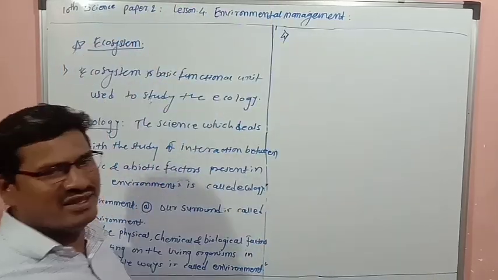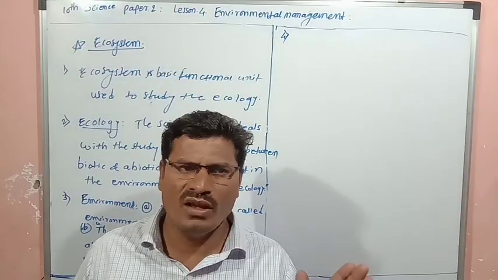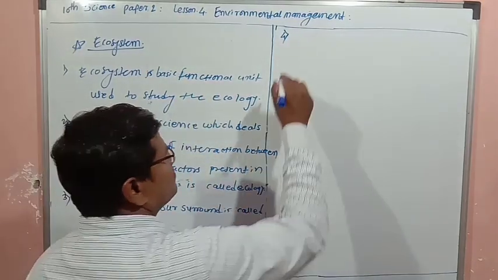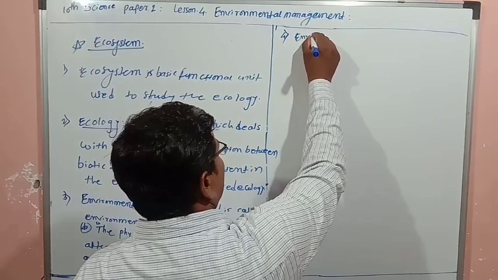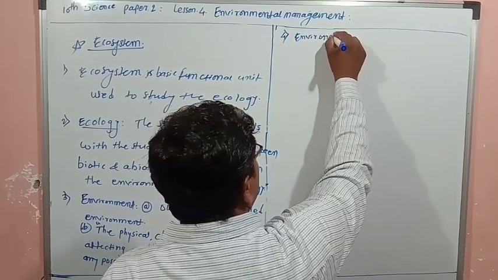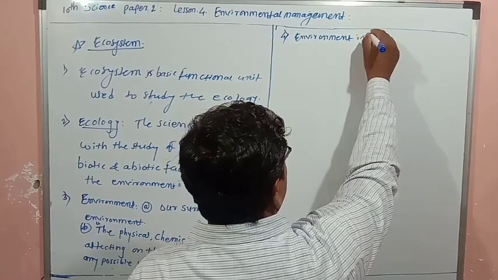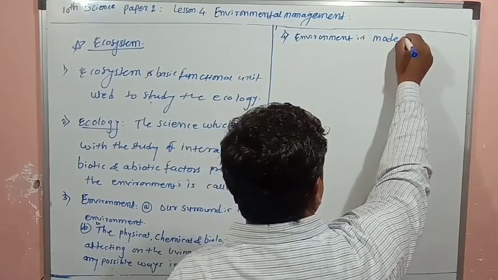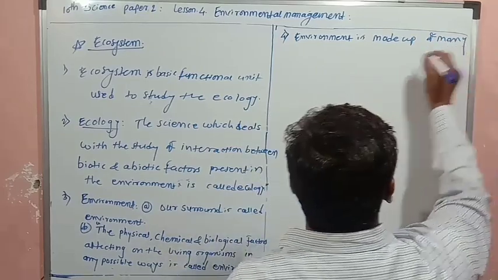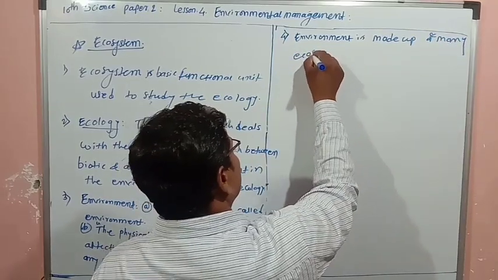The fourth point: environment consists of many ecosystems. Environment is made up of many ecosystems.